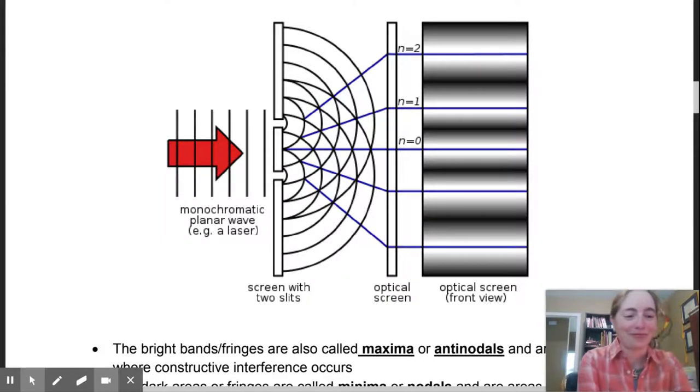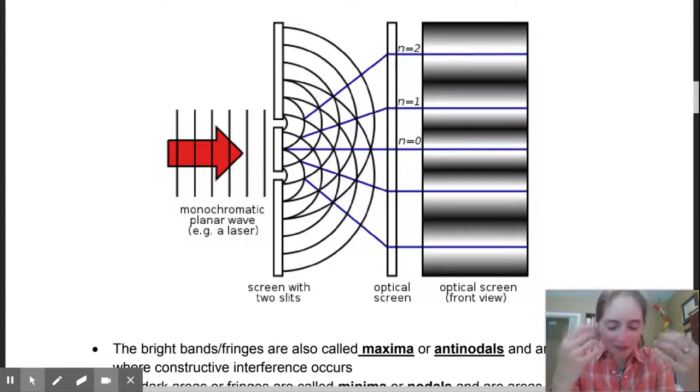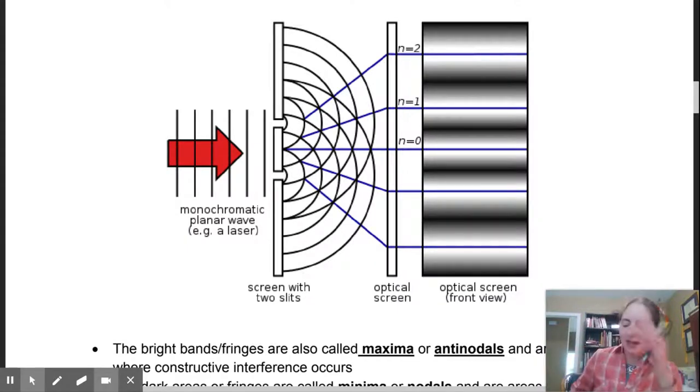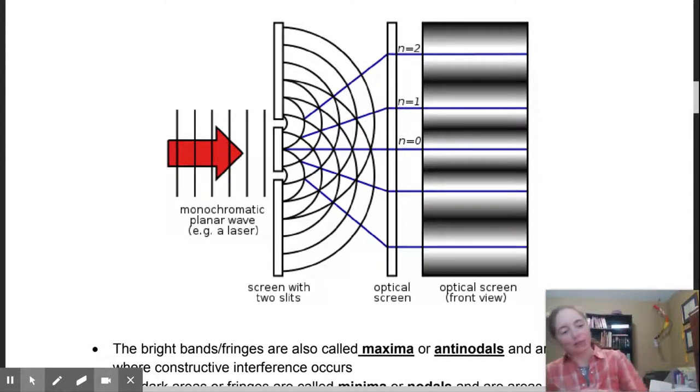Okay. So we're back. So ladies and gentlemen, what we're going to do is look at exactly how constructive interference and diffraction are going to be happening in a Young's double-slit experiment or a diffraction grating.